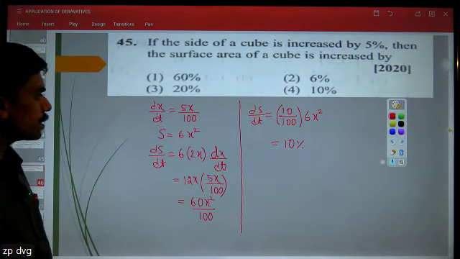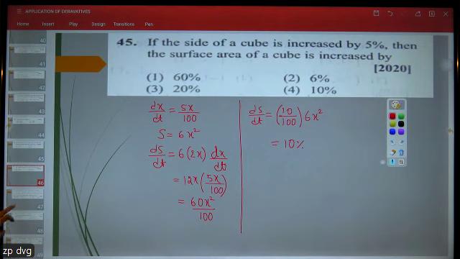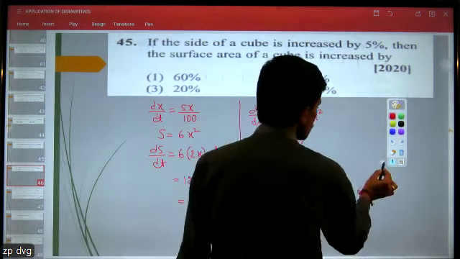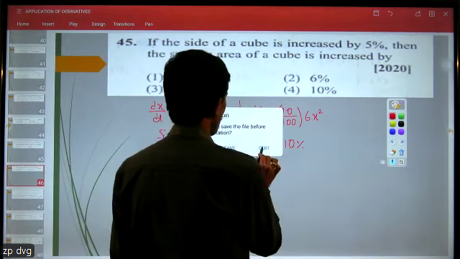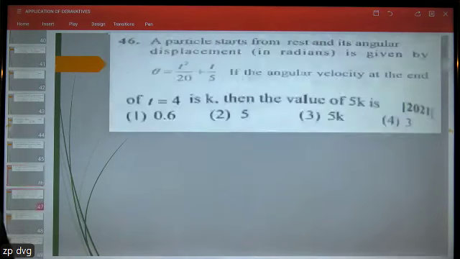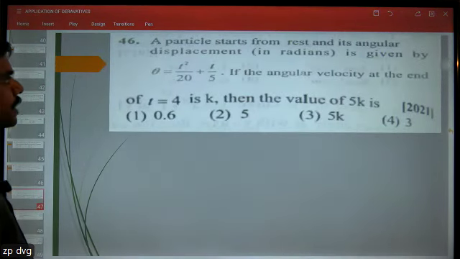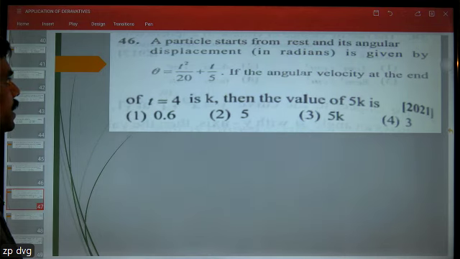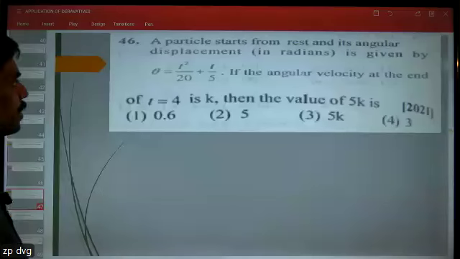Okay. So next, question number 46. A particle starts from rest and its angular displacement in radians is given by theta is equal to t square by 20 plus t by 5.